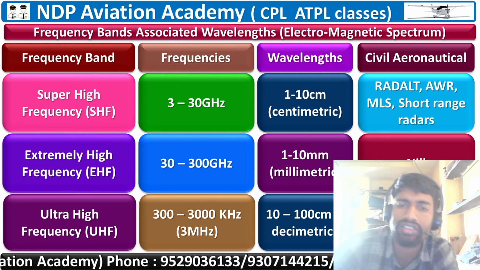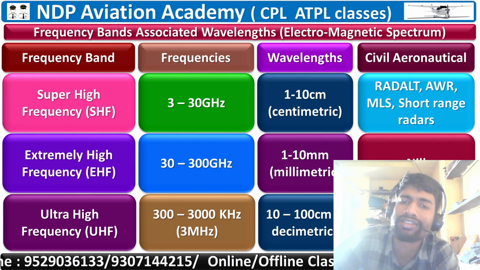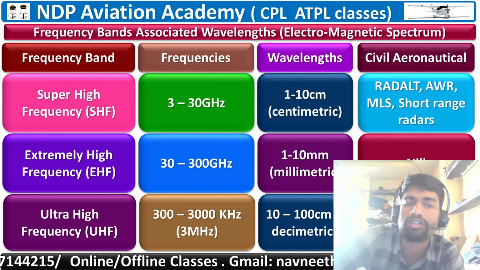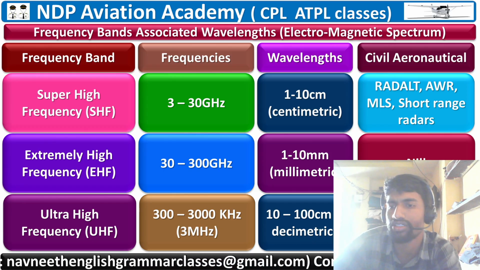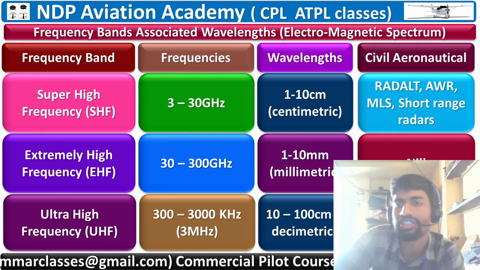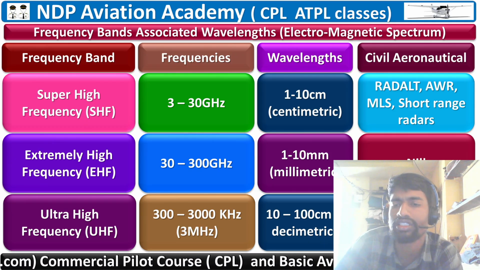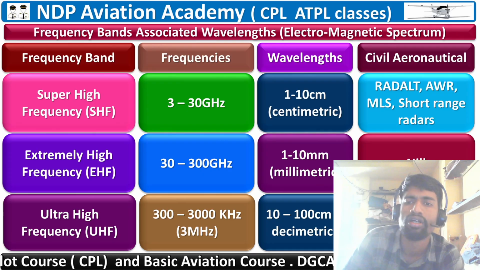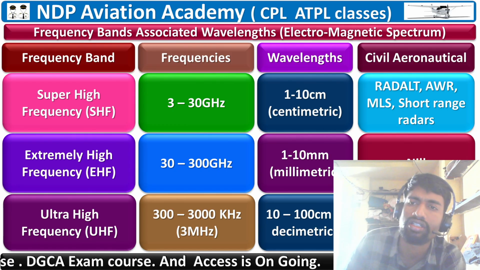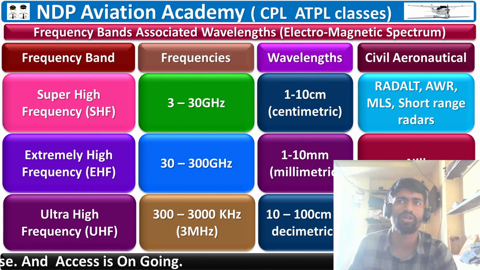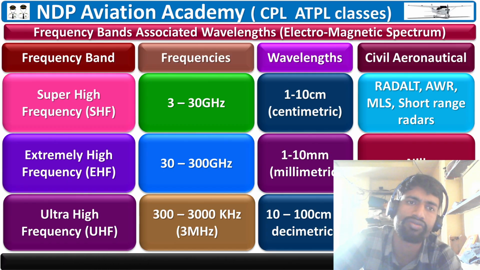And how much wavelength? 10 to 100, decimetric, and this frequency we use for the ILS glide path, which we already learned, DME, SSR, satellite communication, GNSS, and long range radar. I hope all of you understand these frequencies.